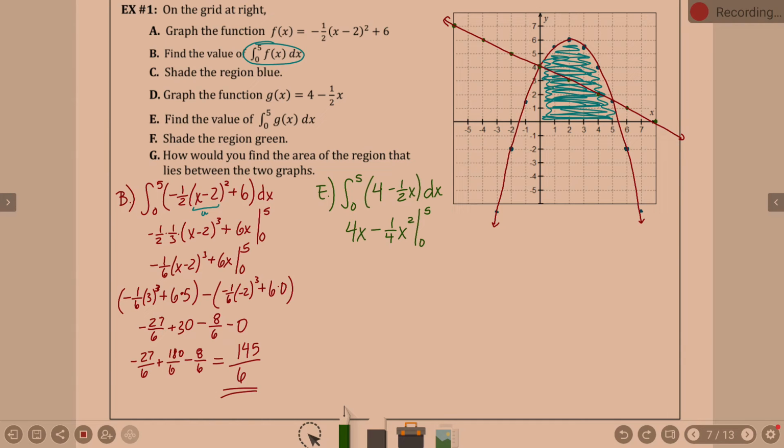I went ahead and integrated. Integral of 4 is 4x. The integral of x is going to be 1/2 x squared, times the 1/2 that's already there, makes it 1/4 x squared.